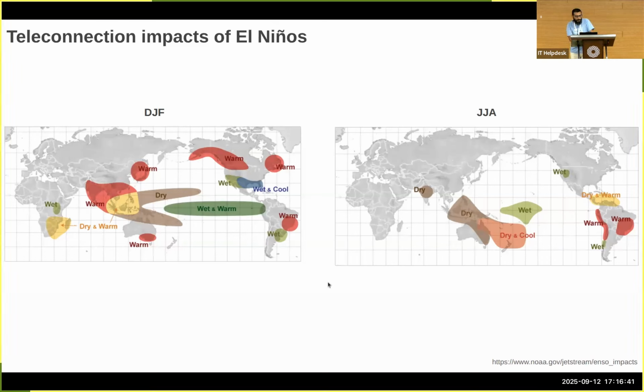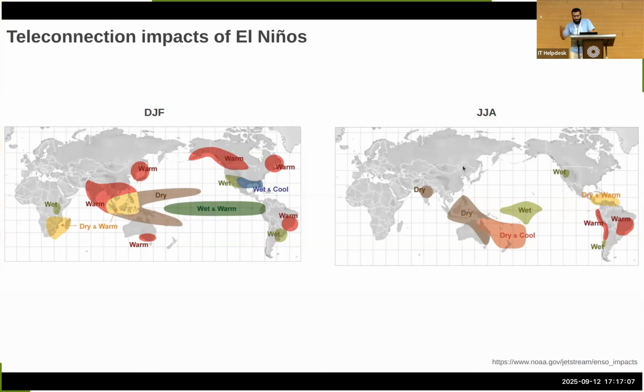One point which I did not mention is that typically the mature phase of the El Nino or the La Nina actually happens in winter, DJF months, December, January, February. And when you have the mature El Nino, then you have wet and warm conditions in the Pacific, abnormally warm conditions, let's say over South Asia, wet and cool conditions over Florida, wet conditions over California.